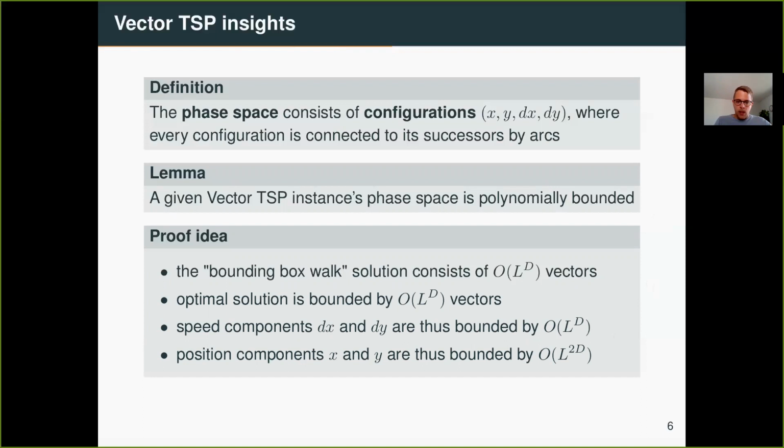Okay, and in turn you can compute the position components as well, which are bounded by L to the 2D. And then if you multiply them all together, you get a phase space which is polynomially bounded by big O of L to the 6D vectors, or nodes rather, sorry.